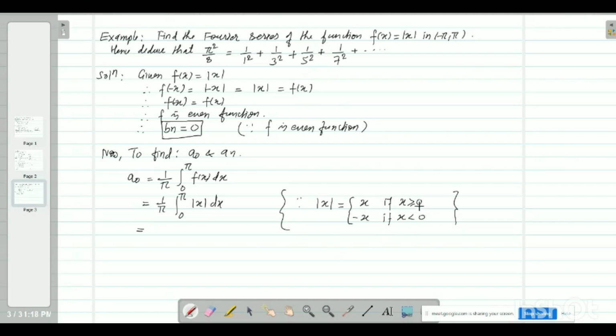Your limit is running from 0 to pi, so the upper limit is pi and x is positive. So mod of x is equal to x.